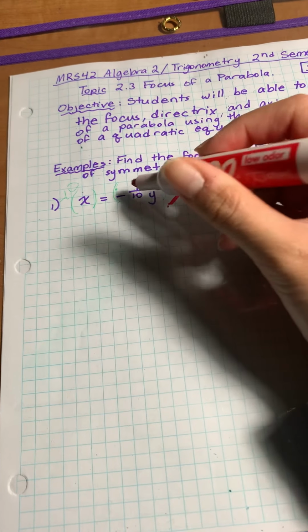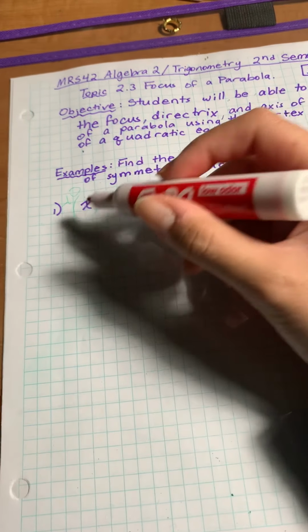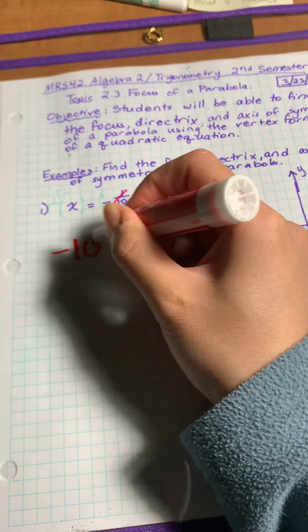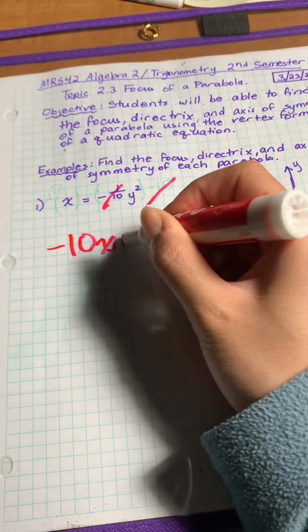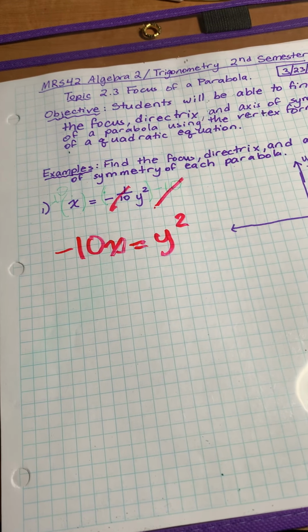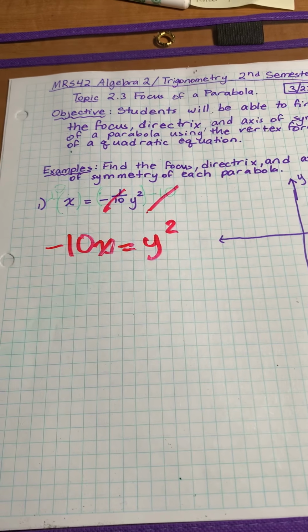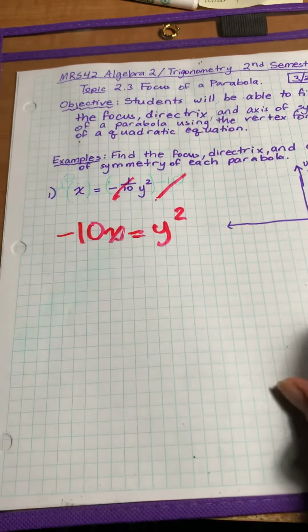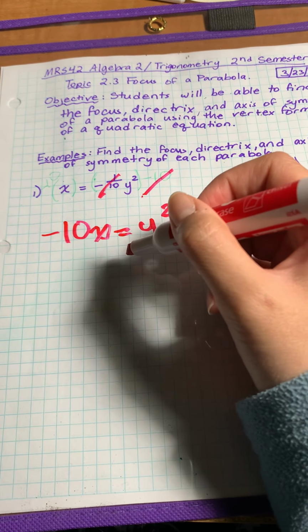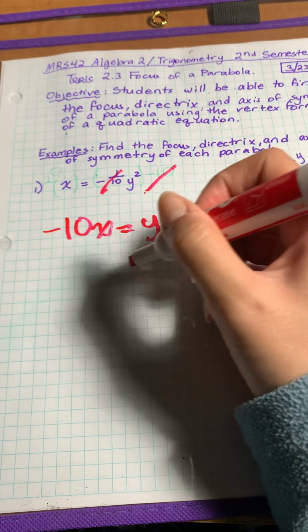So this cancels out this, and then we're left with negative 10x is equal to y squared. Great, now I have my y squared isolated, so I can rewrite that form.